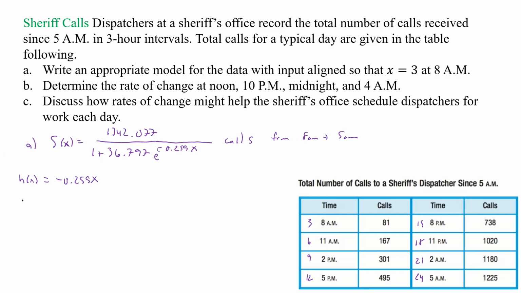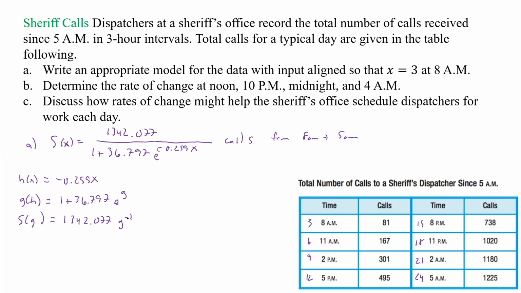And then the next piece, if we call that g of h, is 1 plus 36.797 e to the h. And then we have our total outside function, which is the s function of g, 1342.077 times g to the -1.